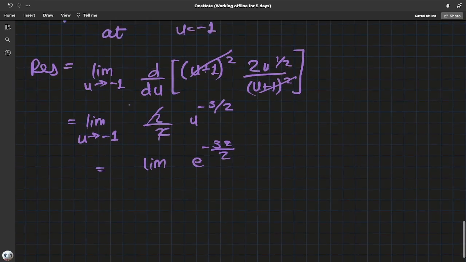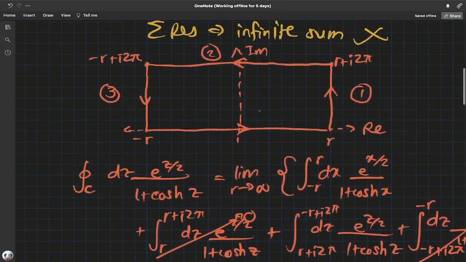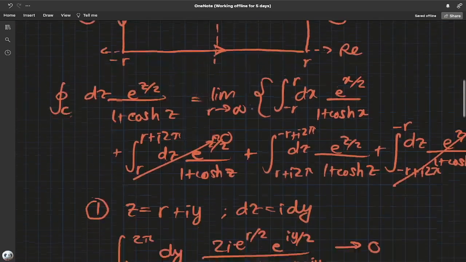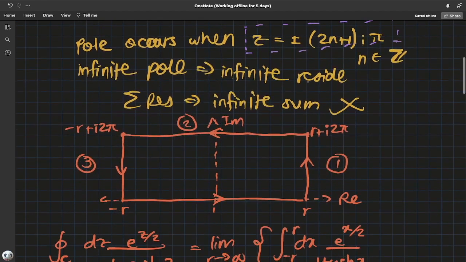But in the contour that we defined before, if you remember, this pole occurs when we have an odd multiple of pi. The advantage of choosing this contour was that only one odd multiple of pi was inside, at z equals i pi.